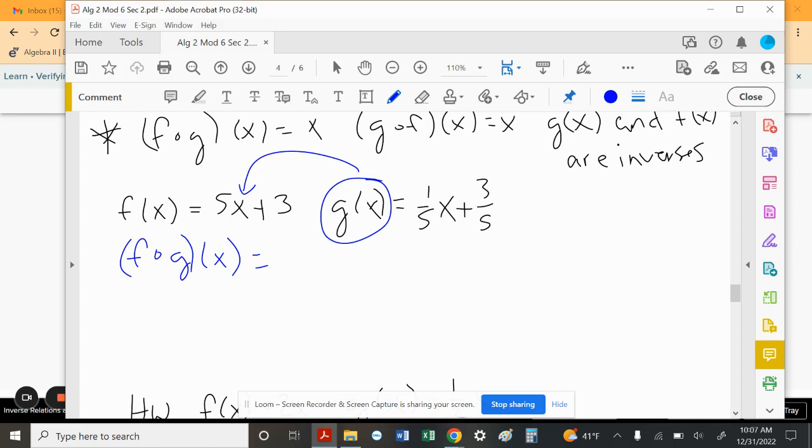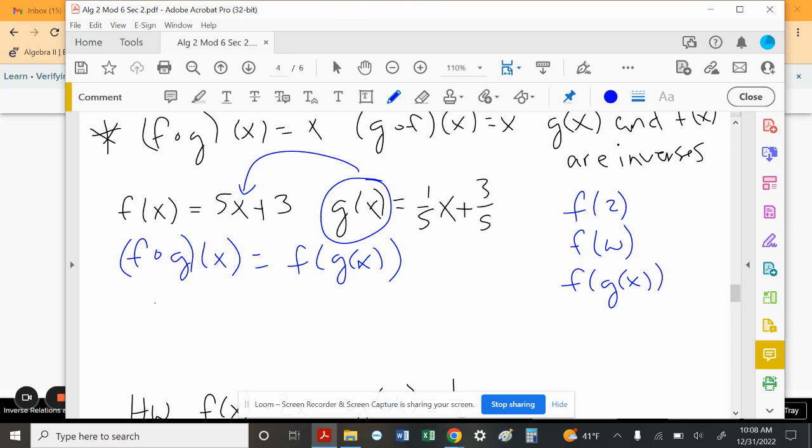Remember, if we write f of 2, that just means we plug in a 2 everywhere there's an x. If we plug in f of w, that means we plug a w in everywhere there's an x. If I do f of g of x, that means I'm going to plug in everything in g of x into where this x is right here.